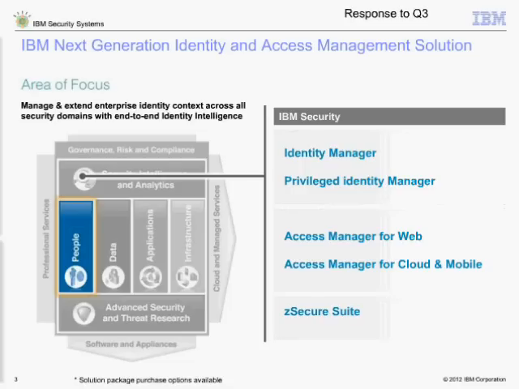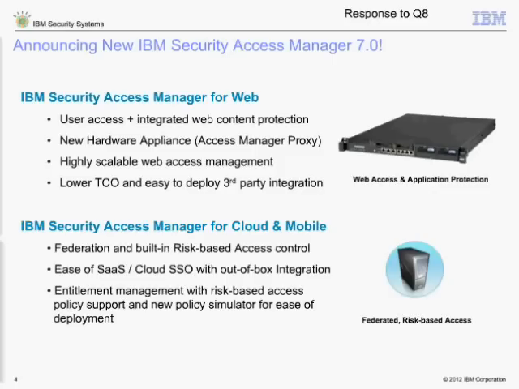With Access Manager, we have the new Access Manager for Web and Access Manager for Cloud and Mobile. And for zSecure, we have a suite of products that let you govern security for the enterprise for the mainframe.